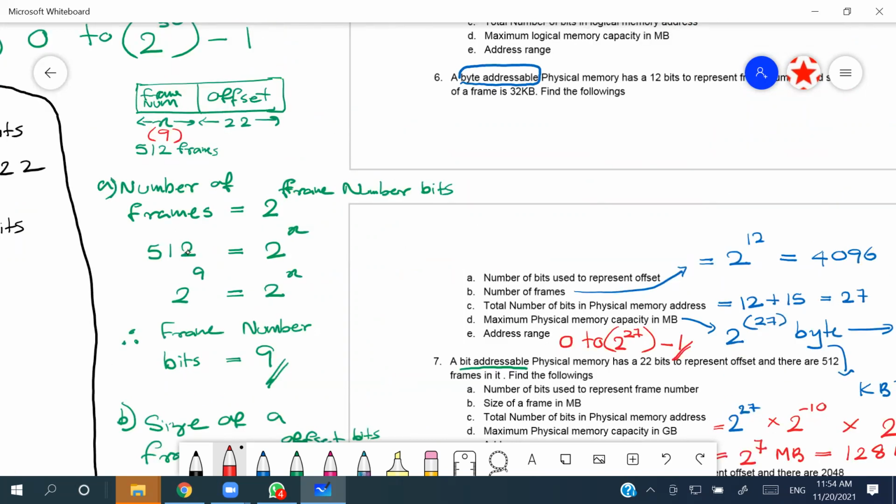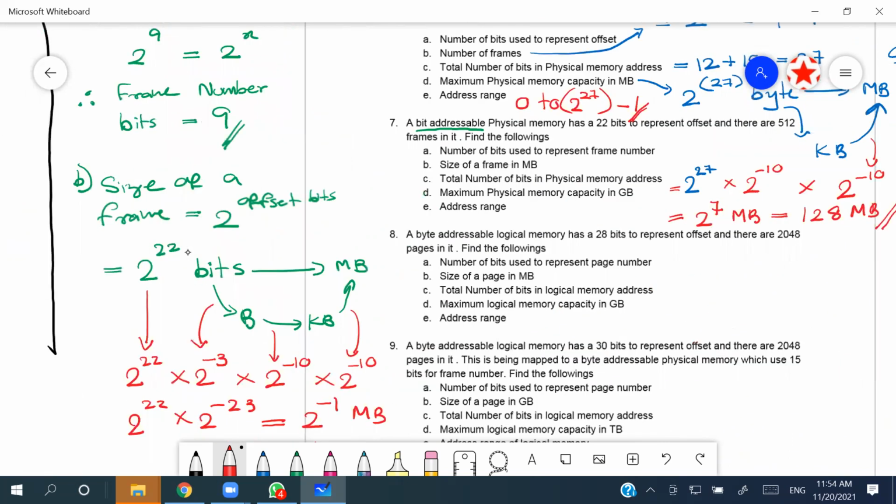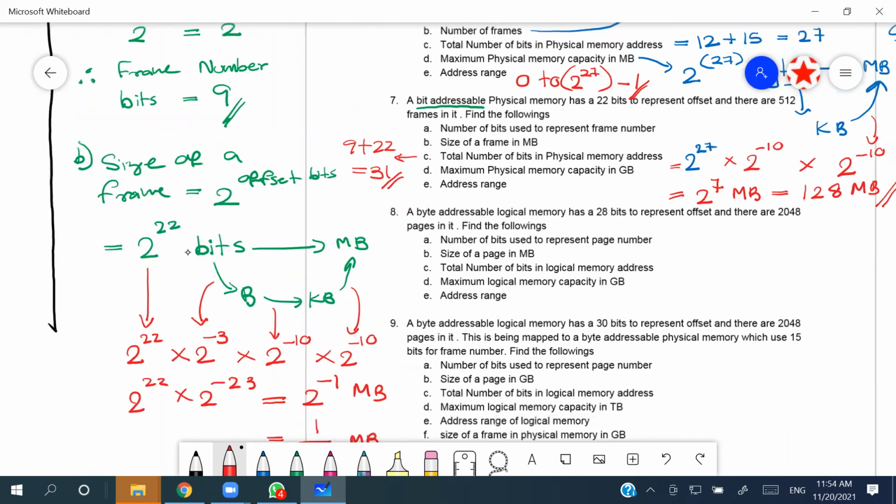So total means 9 plus 22 bits, which is 31. There are 31 total bits in the address.